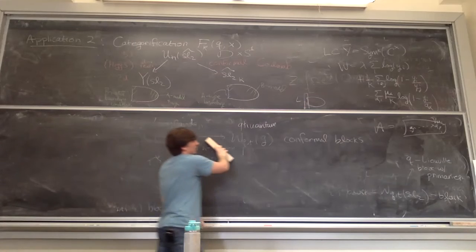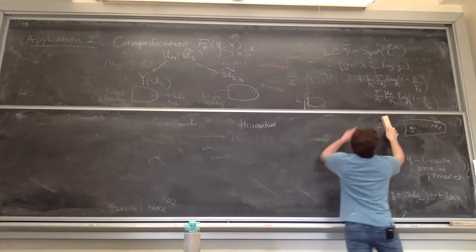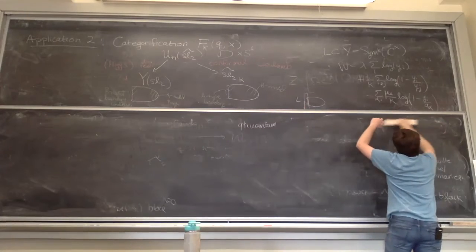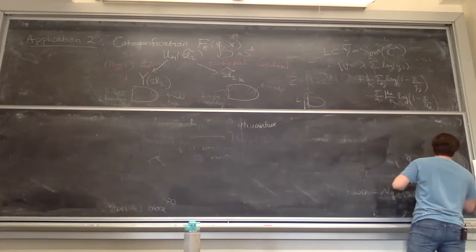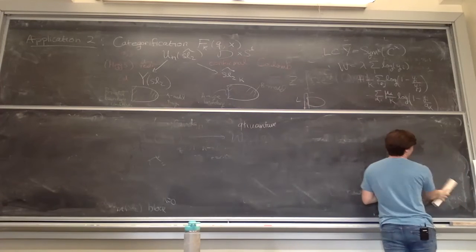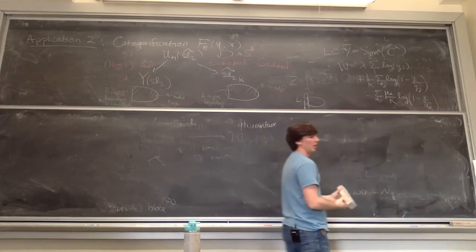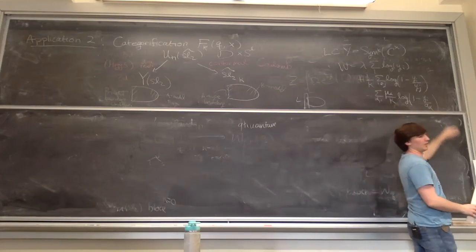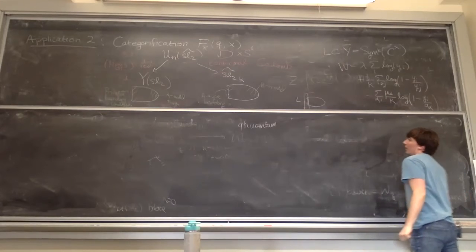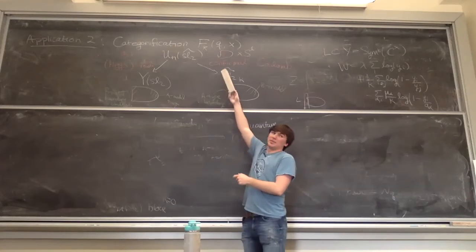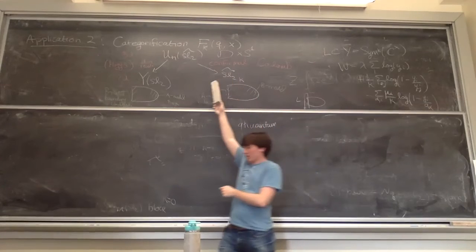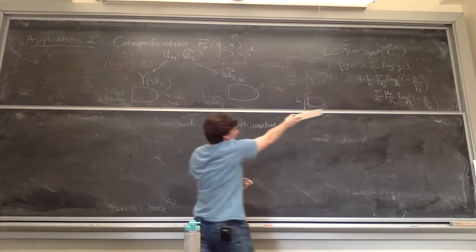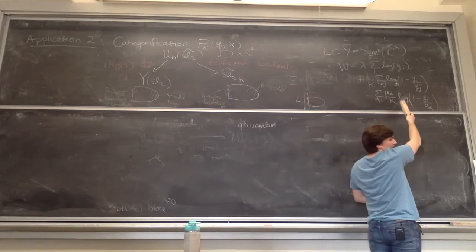What changes the most with this potential are the gradings, because the gradings come from the multi-valuedness of this thing. And the main point is that here you actually want a two variable series. To see the second variable, you need some kind of extra gradings in here.